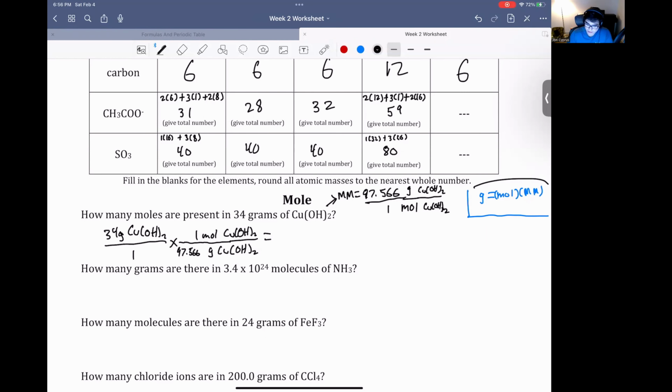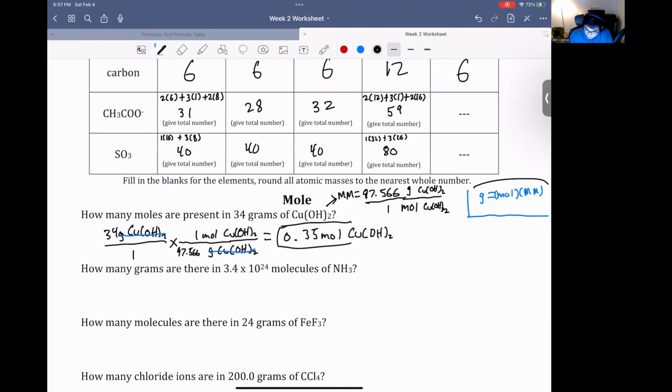And then I would just go ahead and plug this in my calculator, right? The units cancel out here. And then we have 34 divided by 97.566. So we end up getting 0.35 moles. Oops, and I should put of copper 2 hydroxide.